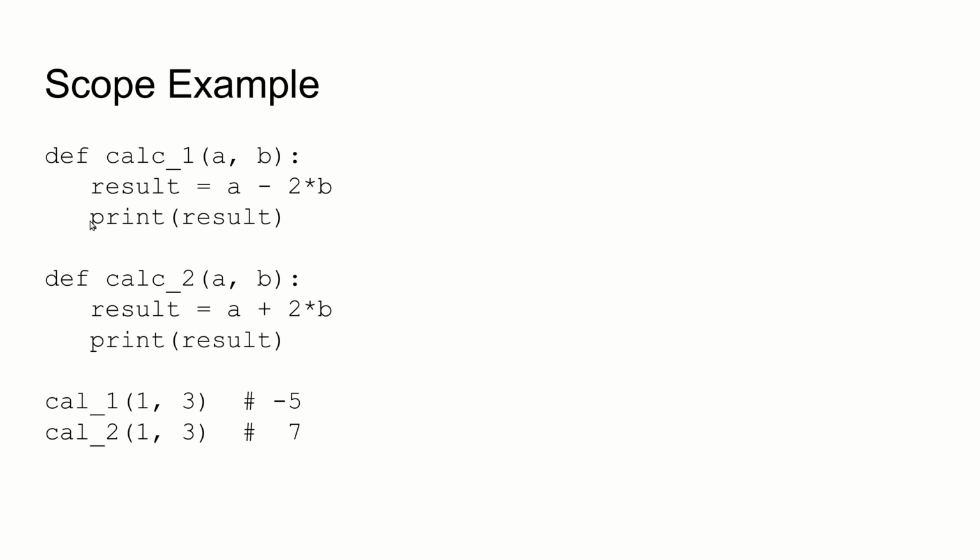And so if I wanted any of those results to be available outside of the function Calc1 or Calc2, then I must return them. If all I need is to display the value, then that's just fine. I can print here. But because the scope is ending, if I want a value to exist outside, I must return it.